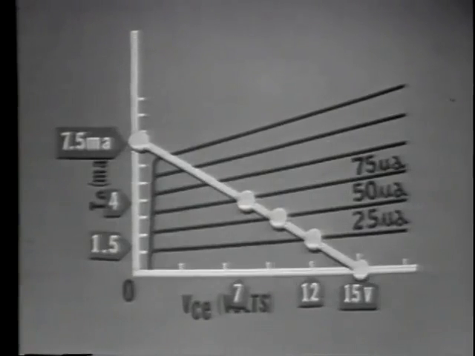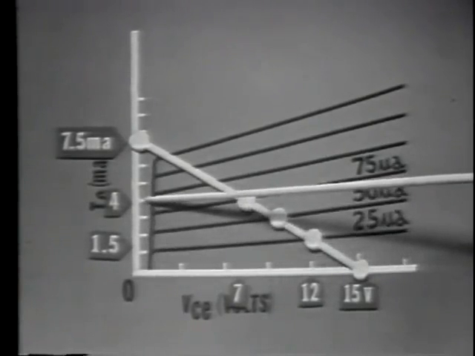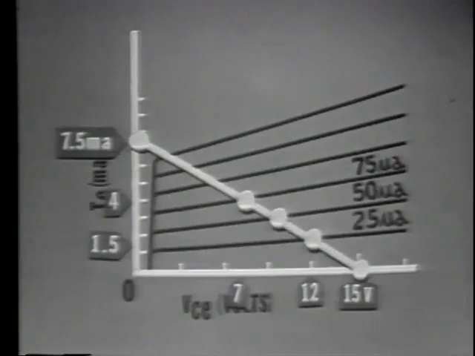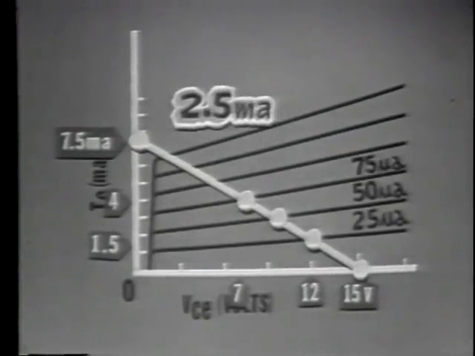From the graph, we have indications that a base current change of 50 microamps, peak to peak, causes a collector current change from 1.5 milliamps to 4 milliamps, or a total current change of 2.5 milliamps peak to peak.